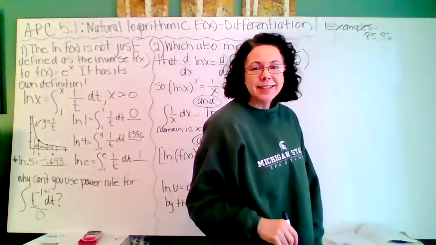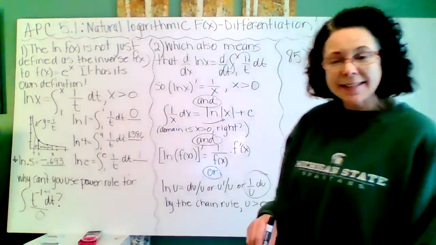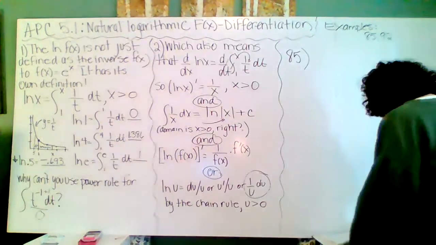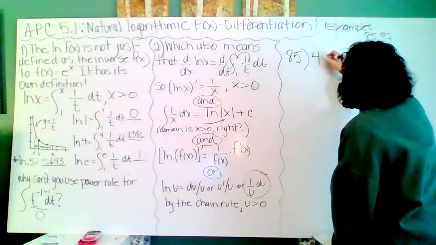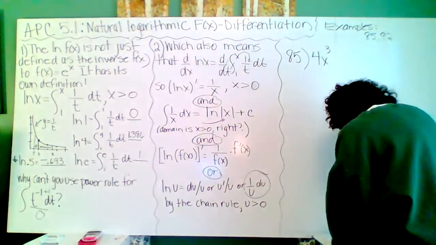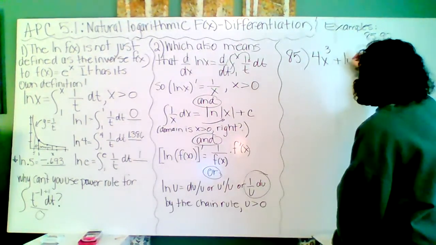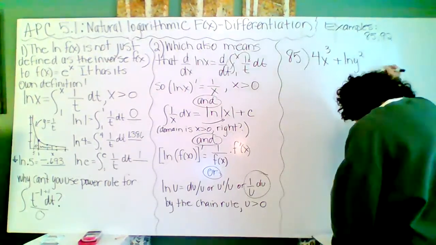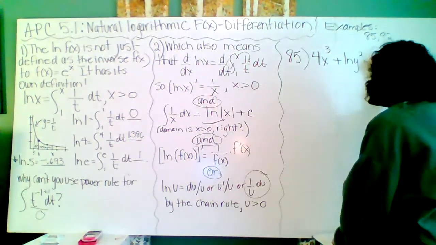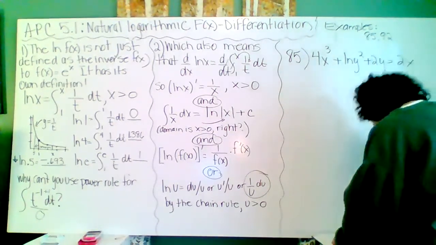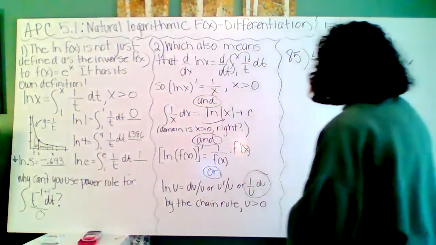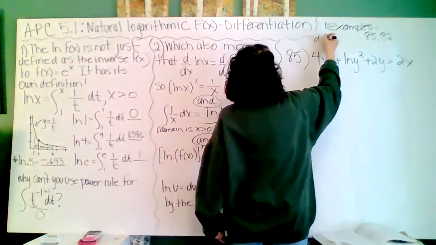Derivatives, tangent lines, implicit differentiation, maxes and mins, inflection points, all the things you already know, but now they have the natural log in them. And so this is great practice for all the operations that you've already learned to do. Okay, so they're asking us to find dy/dx.